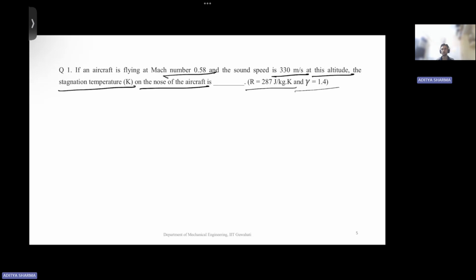So how we will solve it? So static temperature has been given to us. So related to your static temperature, stagnation temperature we can calculate.